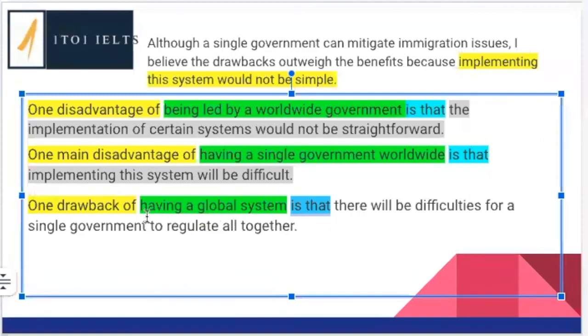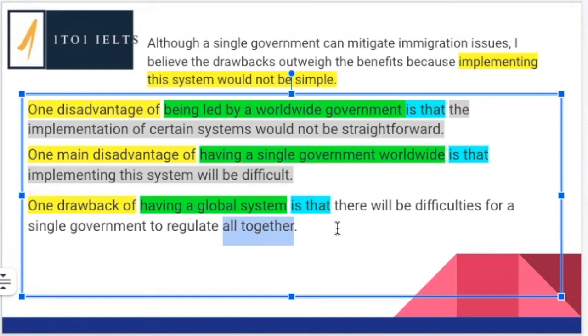There will be difficulty for a single government to regulate. What is it regulating? What thing is it regulating? The system.